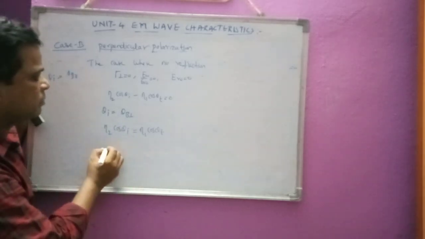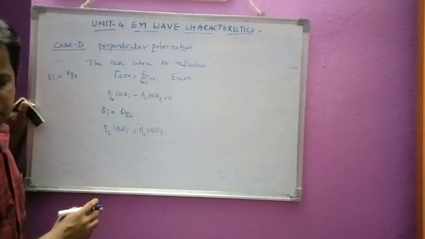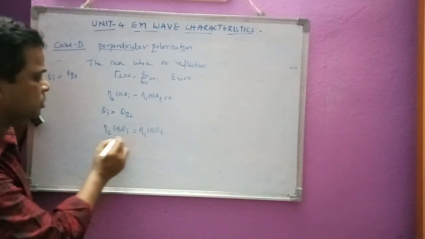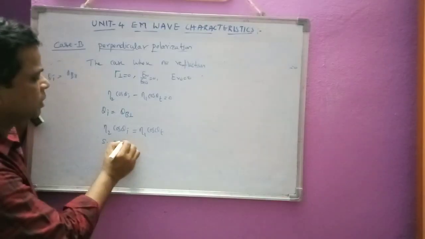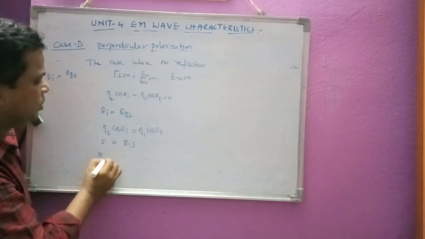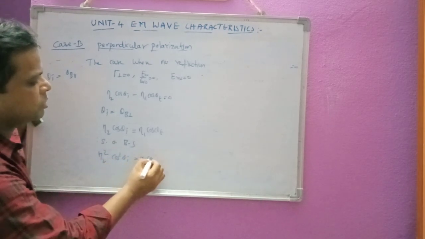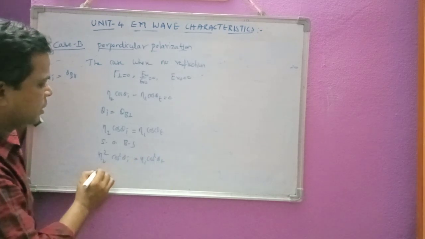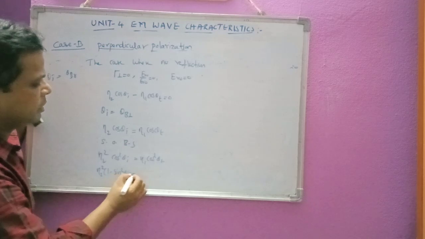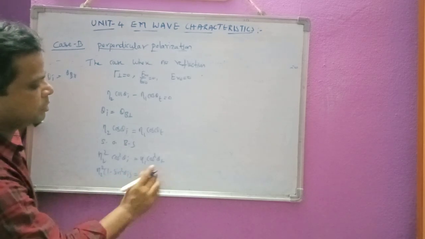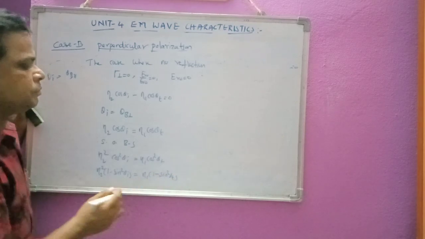We will make this equation in terms of sine, and to do that we have to square on both sides. Squaring on both sides, what I get is eta 2 square cos square theta I equal to eta 1 square cos square theta t. So I can write eta 2 square into 1 minus sin square theta I equal to eta 1 square into 1 minus sin square theta t.